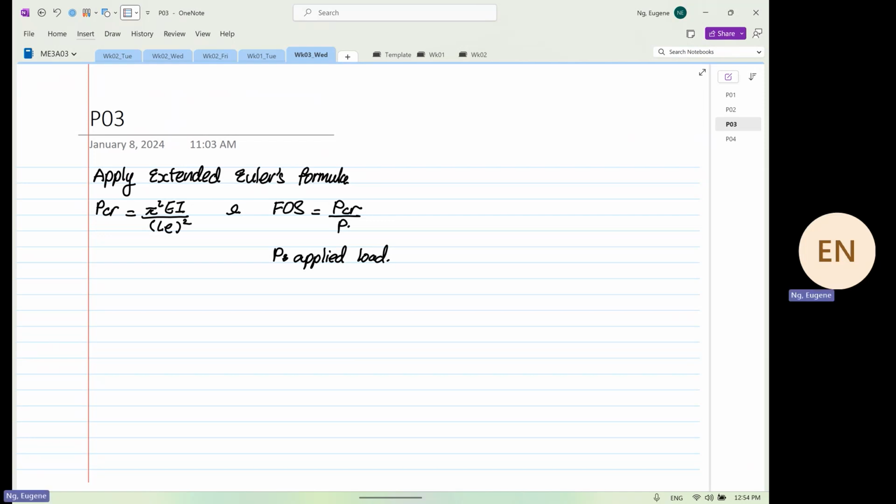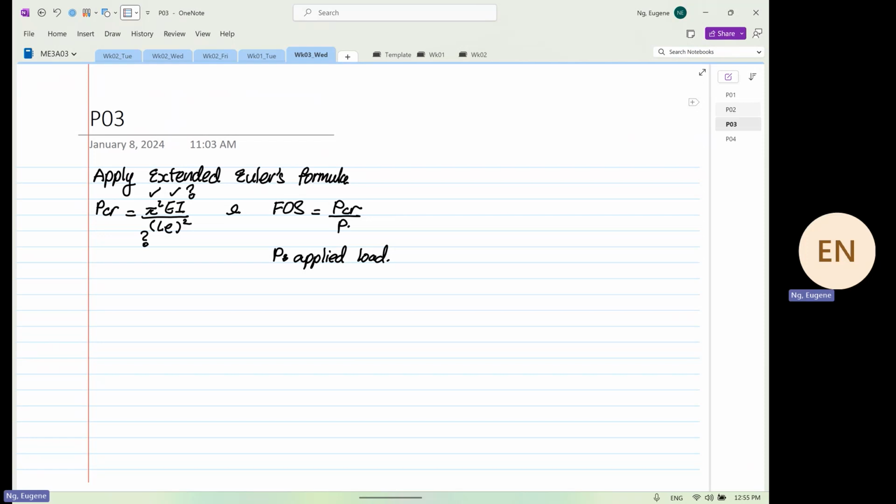So if we go back to our structure, our question, let's see what we know. We know pi squared, we know E, we don't know our I, and we don't know our LE yet.